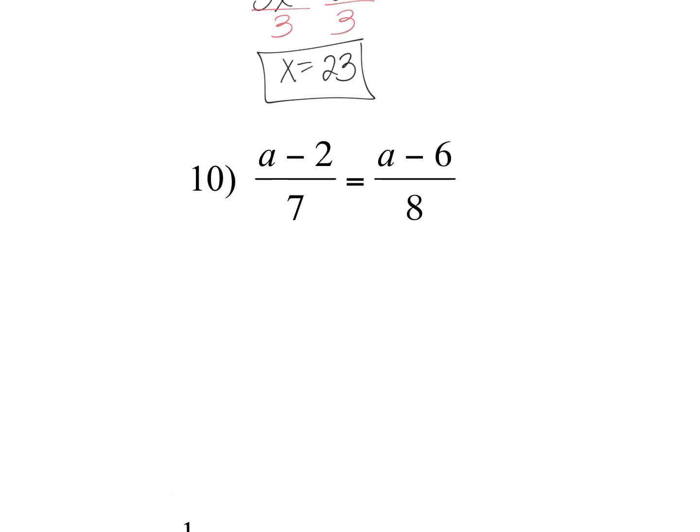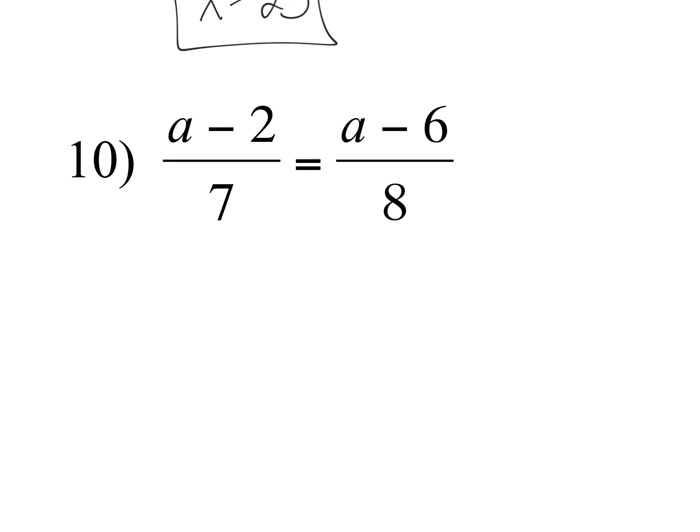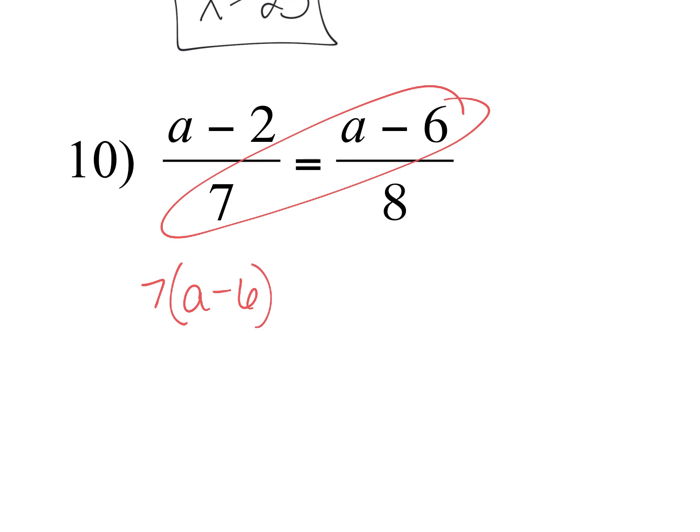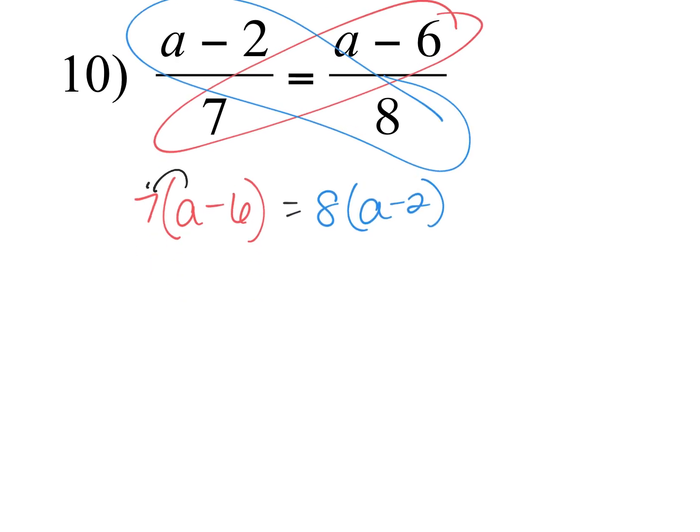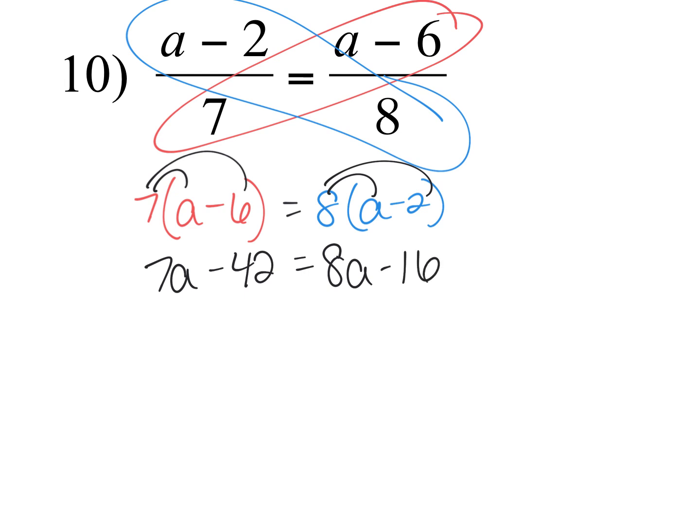Alrighty, last one for the video. We've got the same thing: 2 things with variables in them. So I've got 7 parentheses a minus 6 equals 8 parentheses a minus 2. Go ahead and distribute. 7a minus 42 equals 8a minus 16.